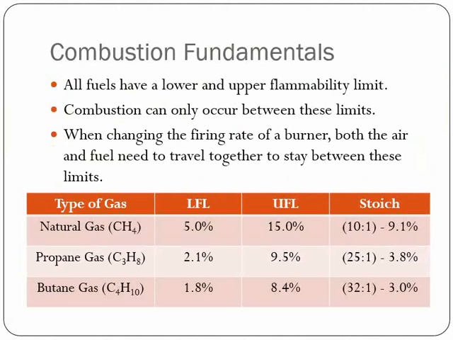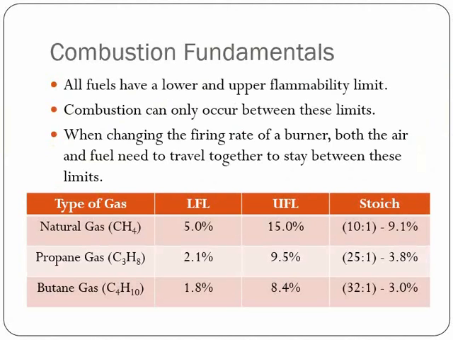So for natural gas, we can do essentially 5% of fuel in the air-fuel mixture, all the way up to 15%. The stoichiometric example that I provided, where we have 10 parts of air for every part of fuel, would be about a 9.1% mix. And then we list propane and butane underneath that.